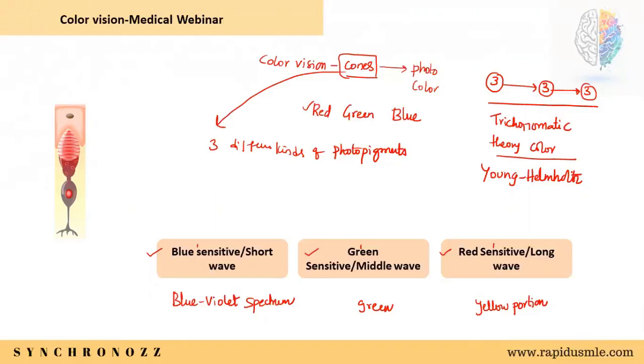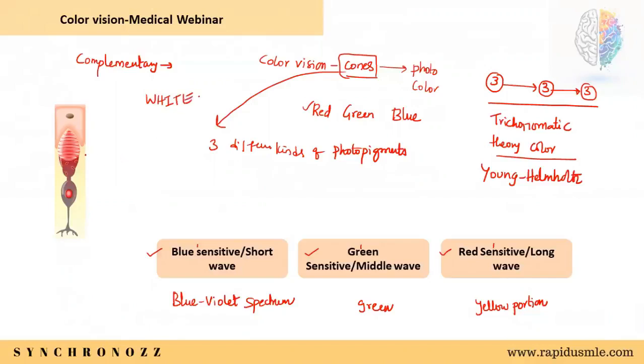For any color there is a complementary color. What is this complementary color? When you mix a color with its own complementary one, it produces a sensation of white. So that is what a complementary color is.